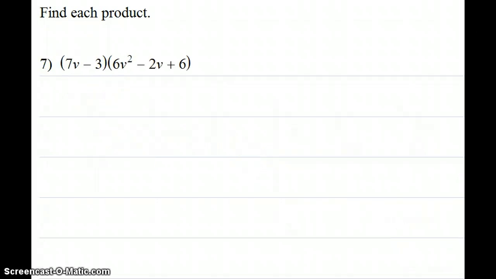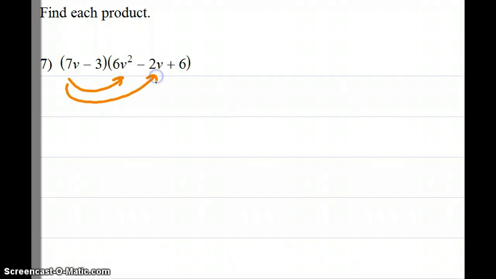When we talk about a binomial times a trinomial, we'll still use the distributive property, but this time the distributive property will give us a lot of terms because we're going to take the first term and distribute through every single term on the one polynomial.